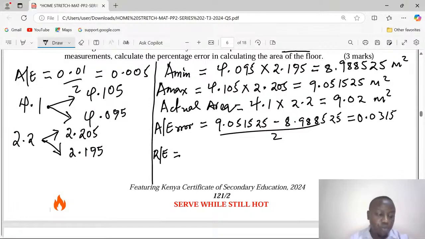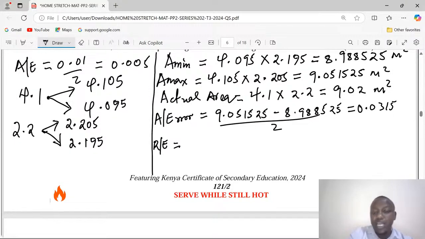Then the other thing calculated here is relative error. Relative error is computed by absolute error out of actual area, 0.0315 out of actual 9.02. This computation will give us a relative error.